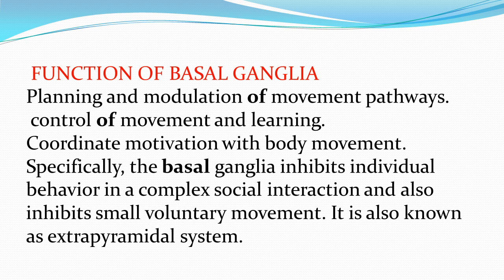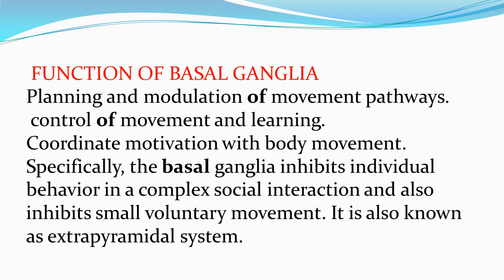What are the functions of the basal ganglia? Basically, it controls the movement of the body, the planned movement of the body. Planning and modulation of the movement pathway, control of movement and learning. It coordinates motivation with body movement.